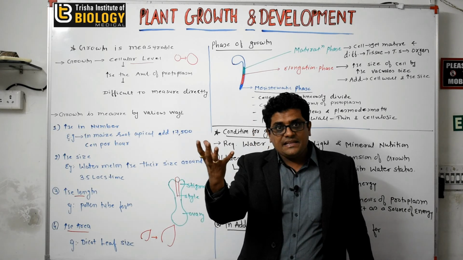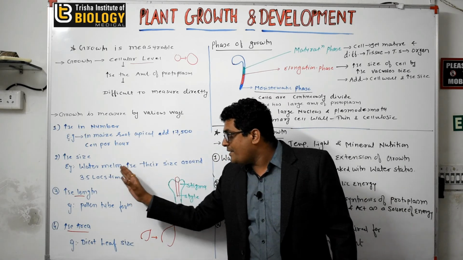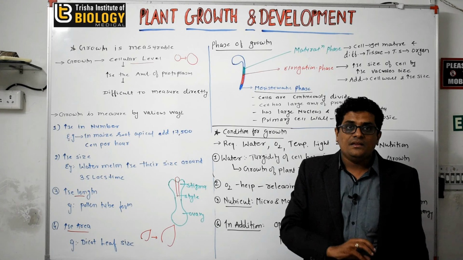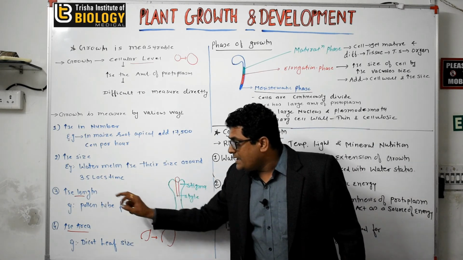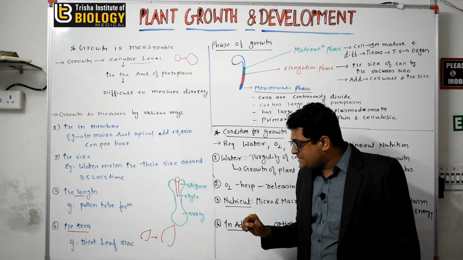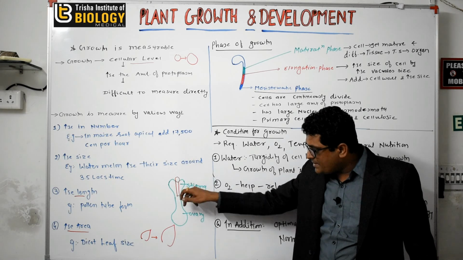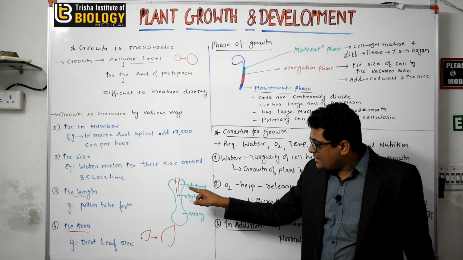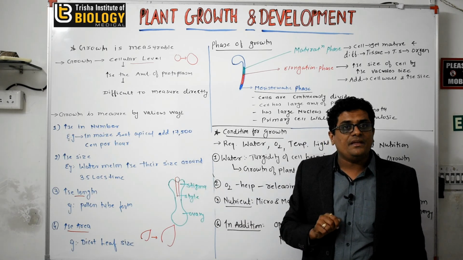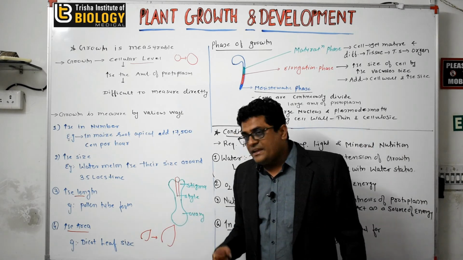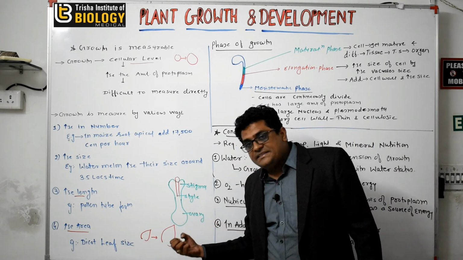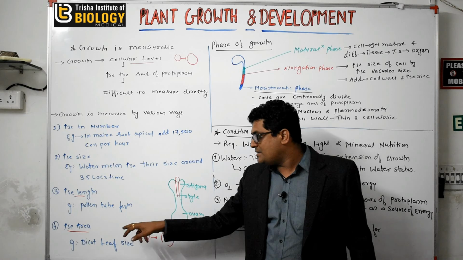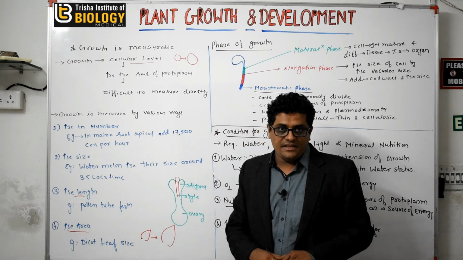Watermelon increases its size around 3.5 lakh times compared to the immature fruit. For length, pollen tubes formed in the style are measured in terms of length. And last, area: when the leaf size is increased, it is measured in terms of increasing area.